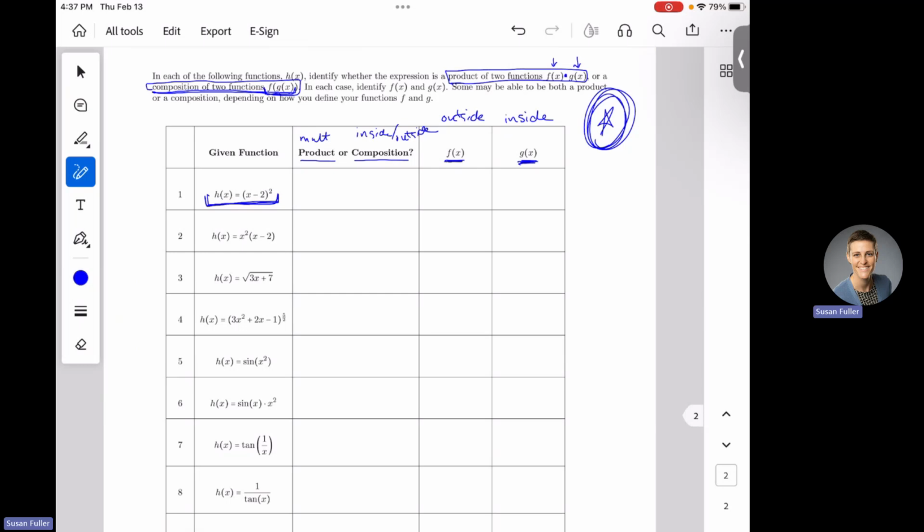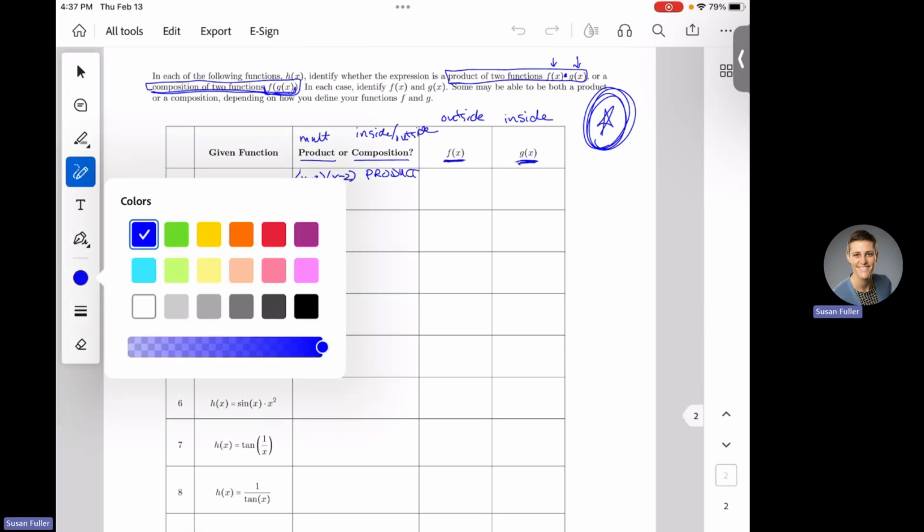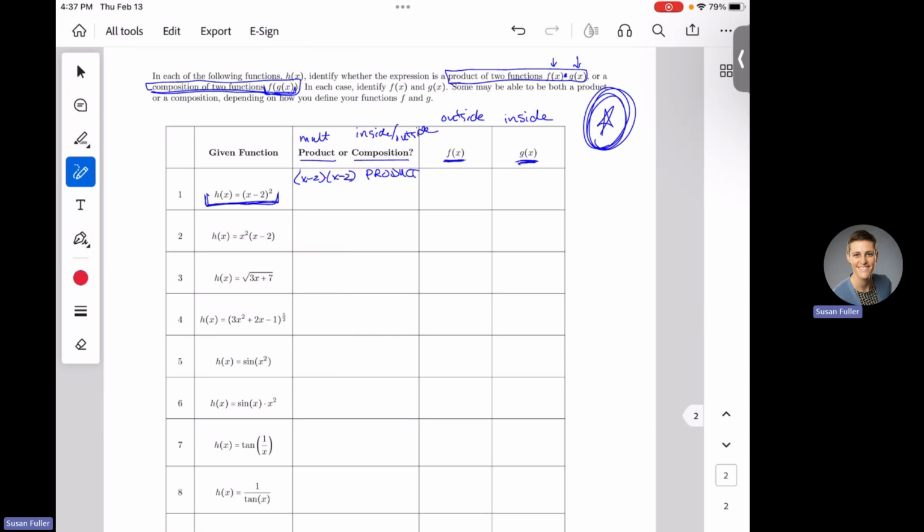Well, this one's interesting because it could be either, right? If I write this as x minus 2 times x minus 2, that's a product, right? I've got two functions being multiplied because the multiplication is right here, one thing times another thing.